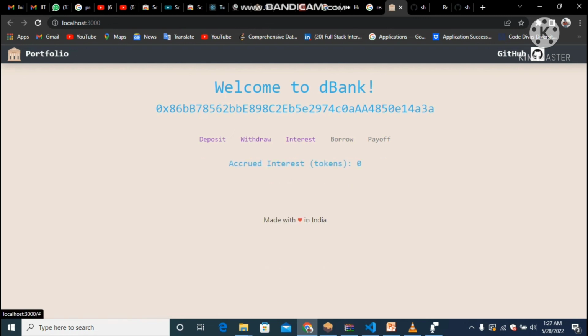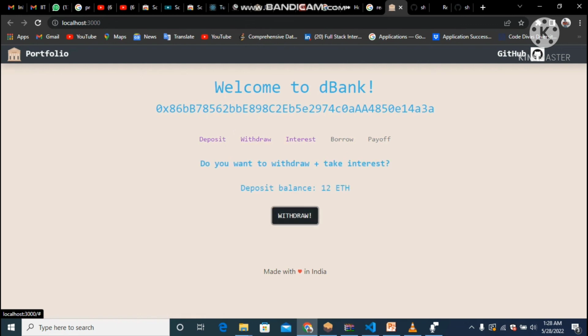We have just deposited our tokens, so the interest will be 0, but with time the interest will increase, and after some seconds or minutes, you will see the tokens increase. And when we press withdraw, the balance we will get is the deposit balance as well as the interest.